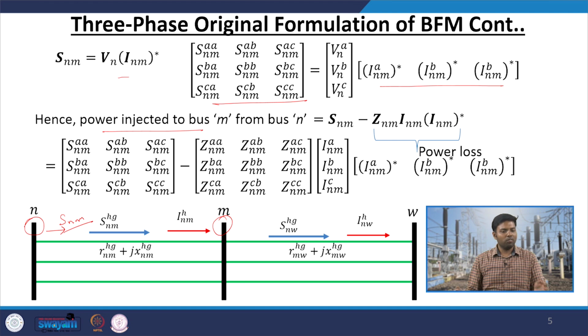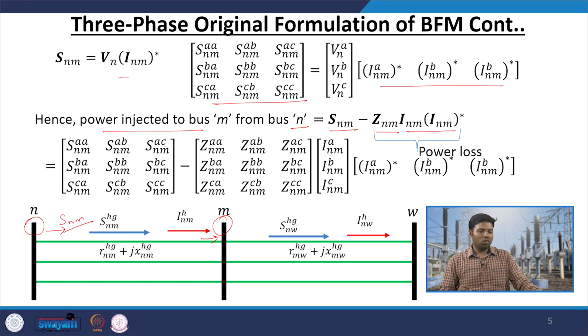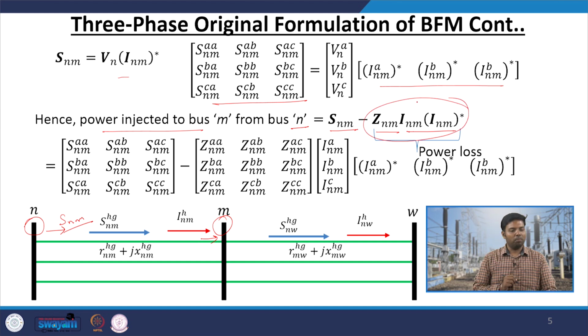You subtract the loss from the sending end power, and you will get the actual power received at the receiving end. So the power reaching the receiving bus is Snm minus Znm multiplied with the square of the current. Now we are dealing with the matrix form of the complex numbers, so this will be I multiplied with I complex conjugate transpose. This is your power loss term.